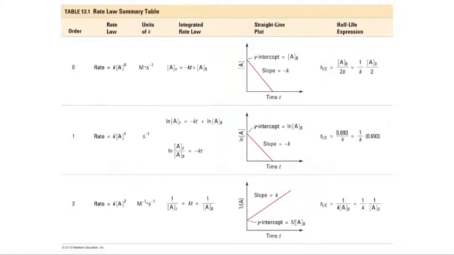And then finally, for the second order reaction, the plot of 1 over the concentration of A versus t is linear. You'll notice it is the only plot with a positive slope.